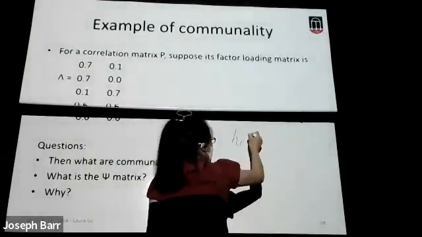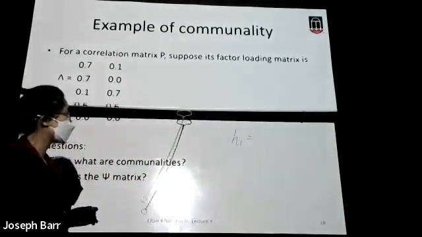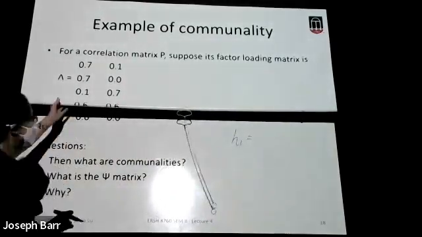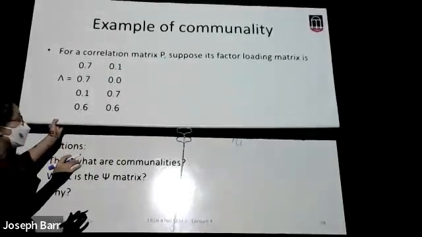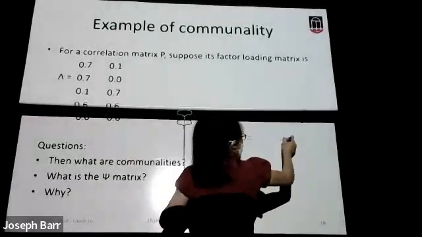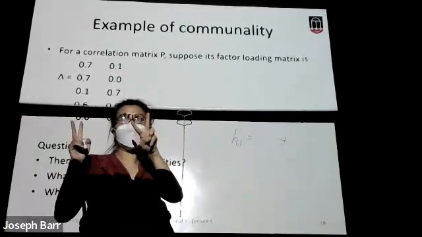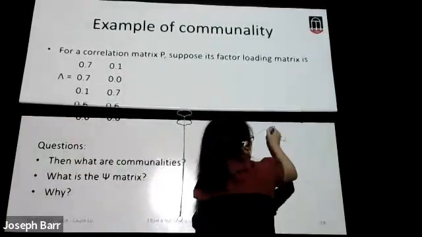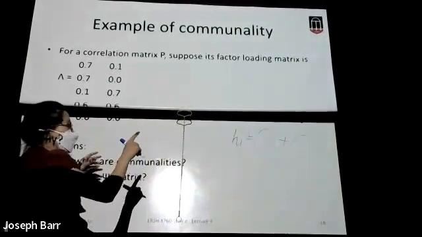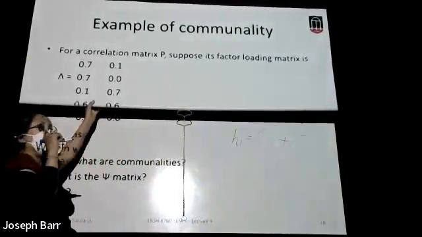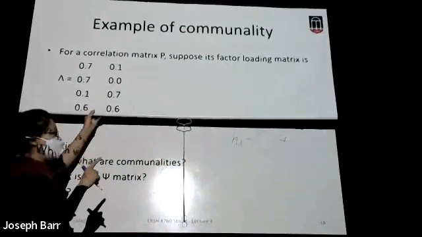H1. What is H1? It's the sum. We have 2 factors, okay? You only need to figure out the 2 parts: the sum of squared factor loadings for each factor.